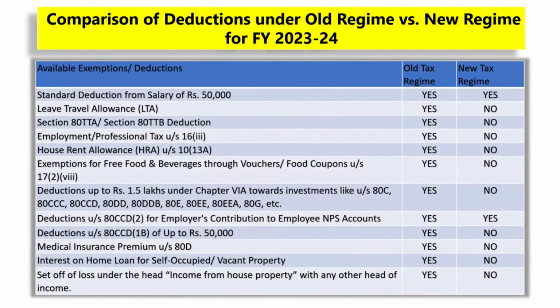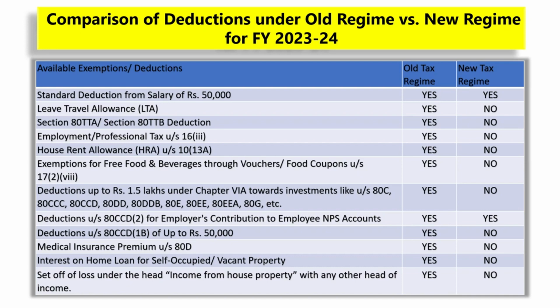Under the old tax regime, there are various deductions like standard deduction from salary of Rs 50,000, leave travel allowance, Section 80TTA and Section 80TTB, deduction of professional tax under Section 16(3), house rent allowance, exemptions for free food and beverages through vouchers, food coupons, etc. under Section 17(2)(viii), deductions up to Rs 1.5 lakhs under Chapter VI-A of the Income Tax Act, deduction under Section 80CCD(2), deductions under Section 80CCD(1B) up to Rs 50,000, medical insurance premium under Section 80D, interest on home loan for self-occupied or vacant property, and set-off of losses under the head income from house property.